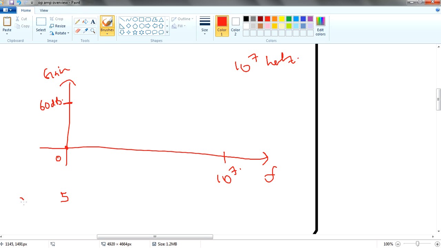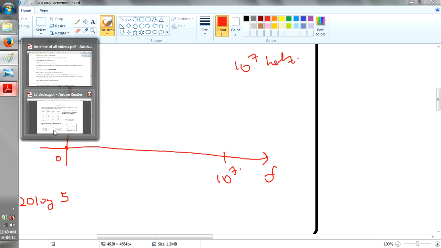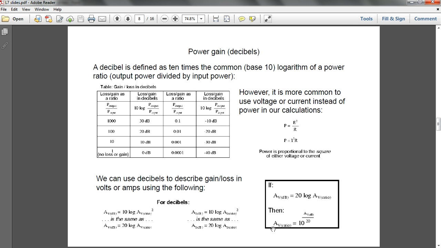Then it's 20 log 5, and you'll get your value in decibels. So if you want to calculate the gain for 60 decibels, you can use this formula to change from your gain to your decibels, right?